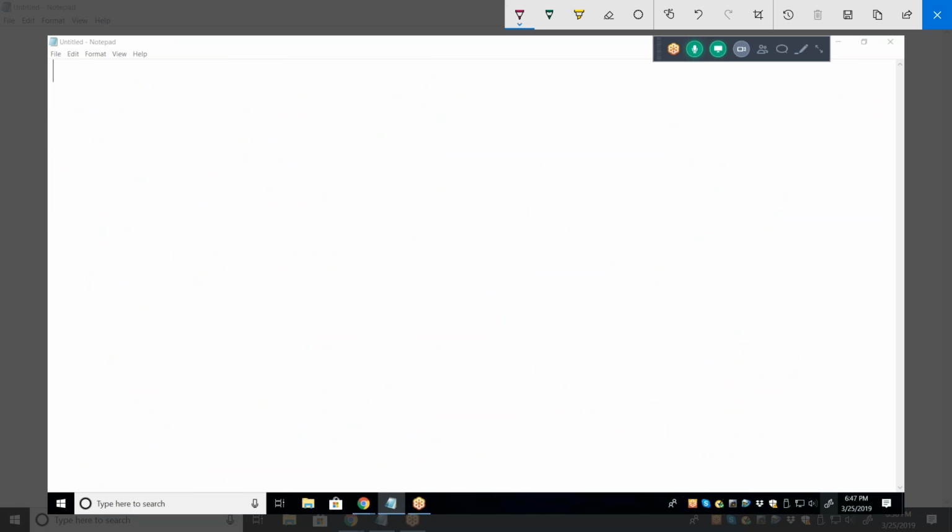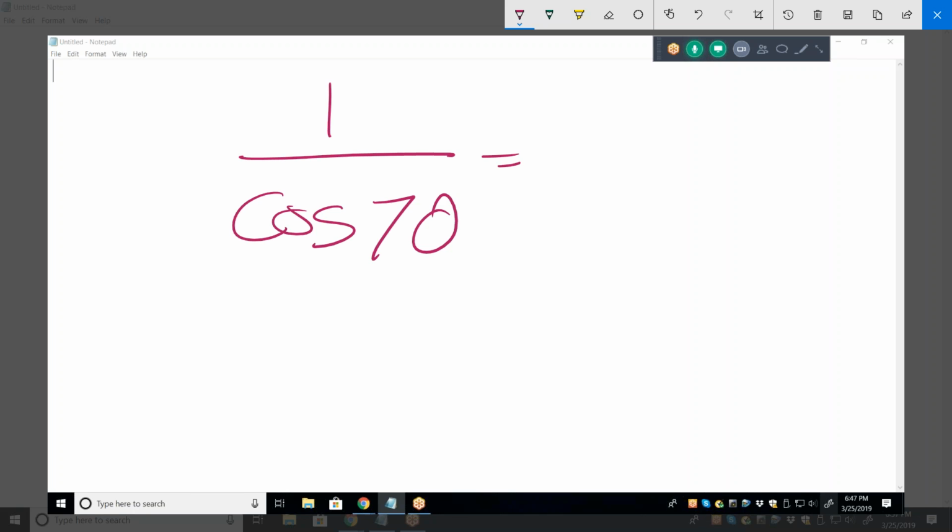So if they want to know the secant of 70 degrees, you look up the cosine of 70 degrees, and then you do 1 divided by that answer. In other words, 1 over the cosine of 70 degrees equals the secant of 70 degrees.